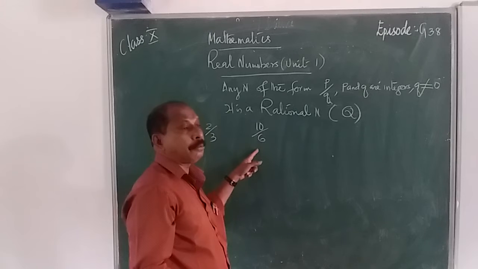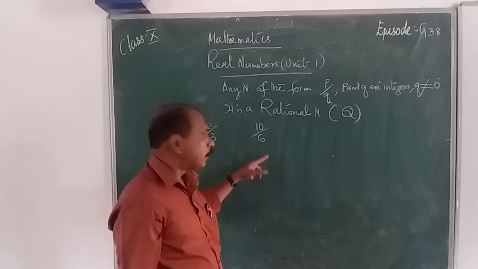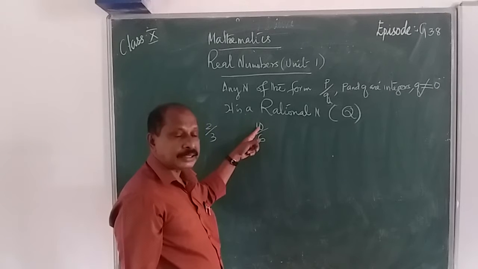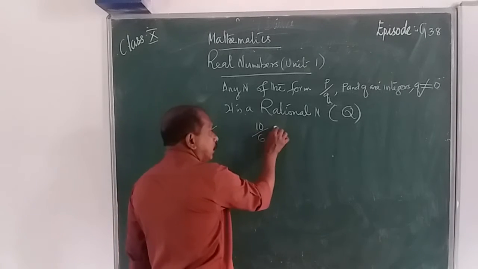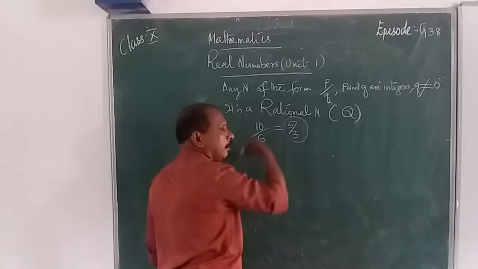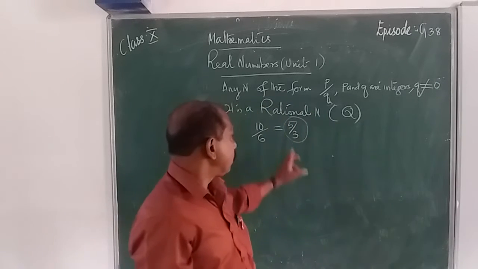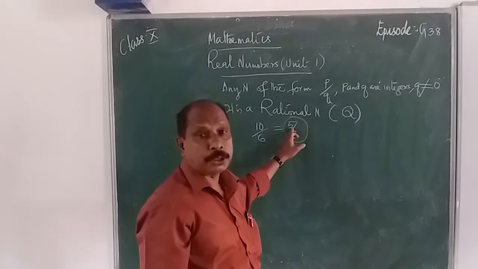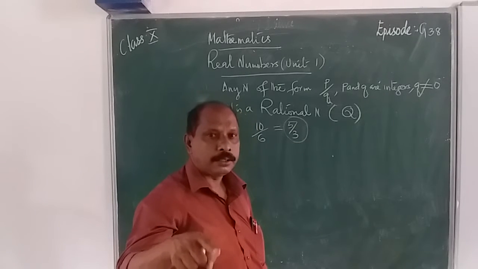Similarly, 10 by 6 is a rational number, but it is not the standard form because 10 is divisible by 2 and 6 is divisible by 2, therefore it reduces to 5 by 3. This is the standard form of a rational number. That means the common factor between 5 and 3 is equal to 1.